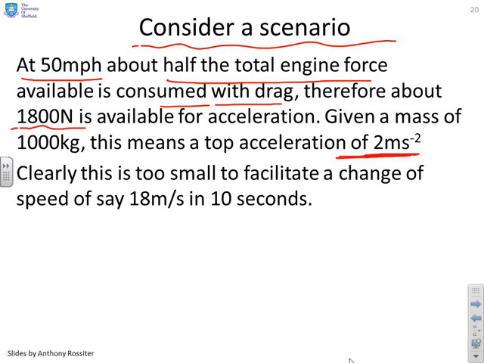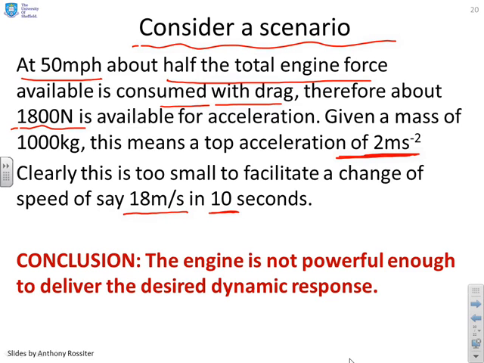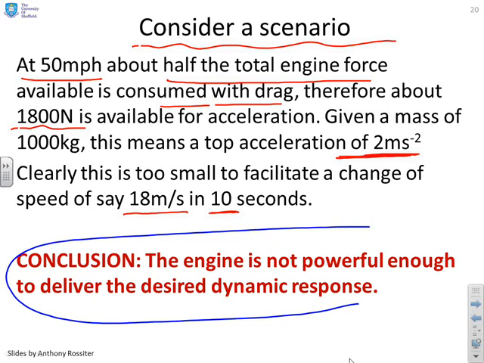And clearly, an acceleration of 2 meters per second squared, and that's at 50, is going to be too small to give you a change of 18 meters per second in 10 seconds, because the faster you go, the slower the acceleration you can get, because the more of the engine force is used up on drag. So what's the conclusion? Clearly, this engine is not powerful enough to deliver the desired dynamic response, which was a settling time of 10 seconds. You can't do it. You need a more powerful engine to get that at higher speeds.